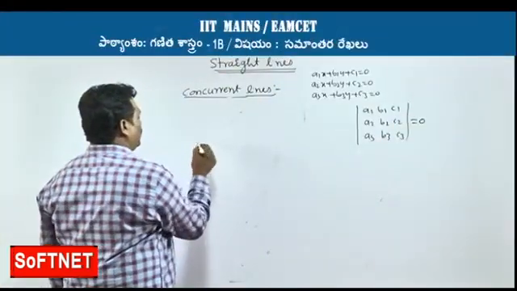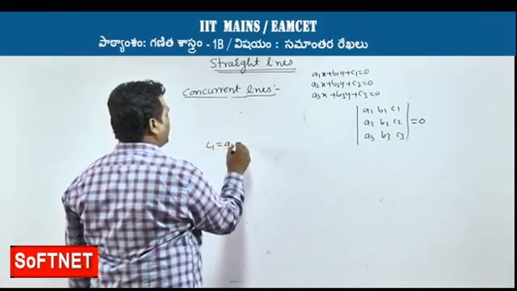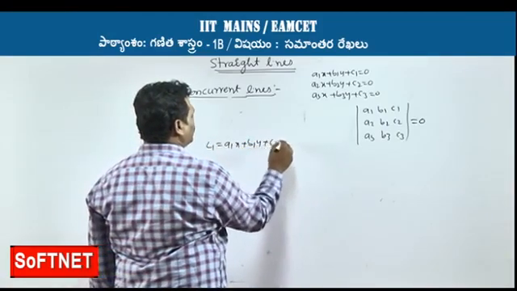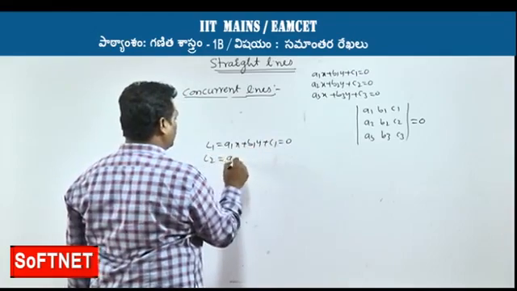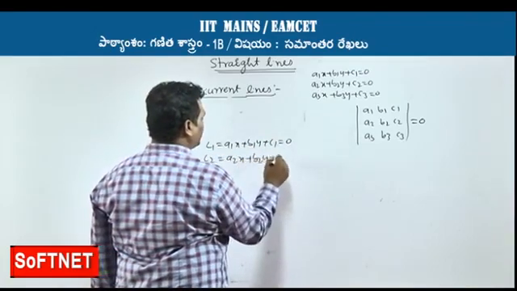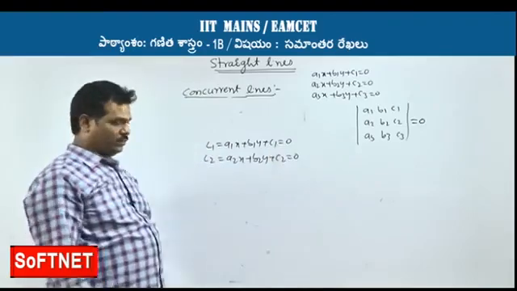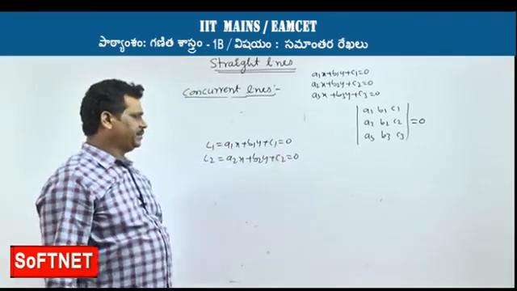Next point: let L1 equal a1x plus b1y plus c1 equal to 0 and L2 equal a2x plus b2y plus c2 equal to 0 be two intersecting lines.